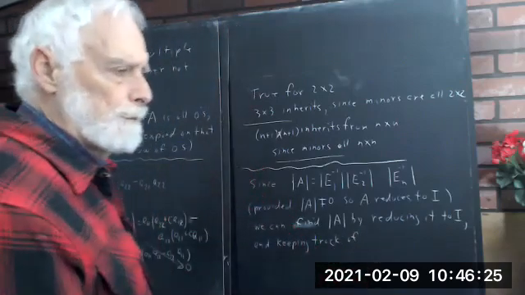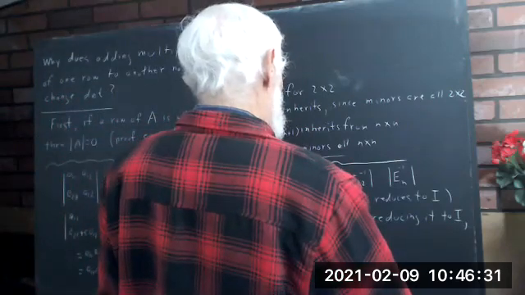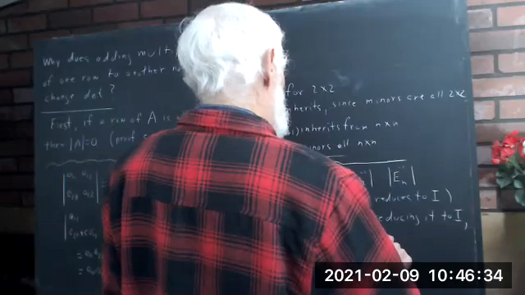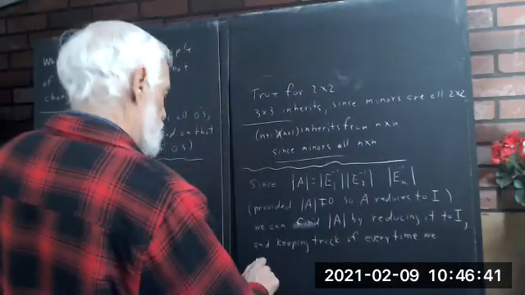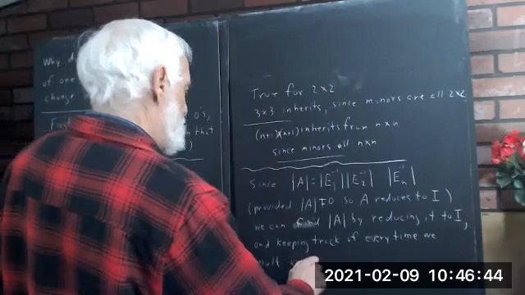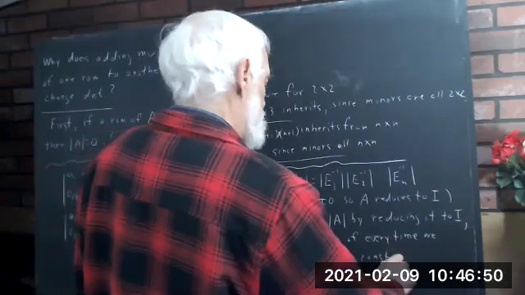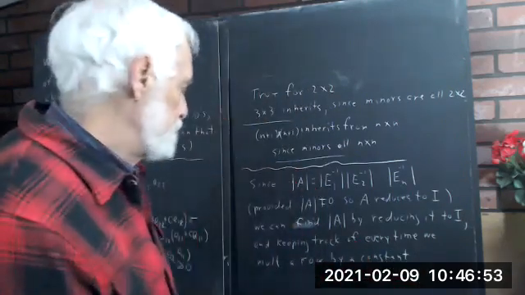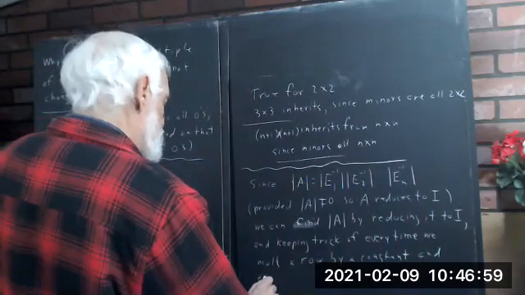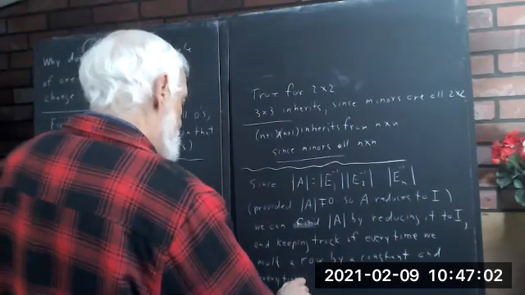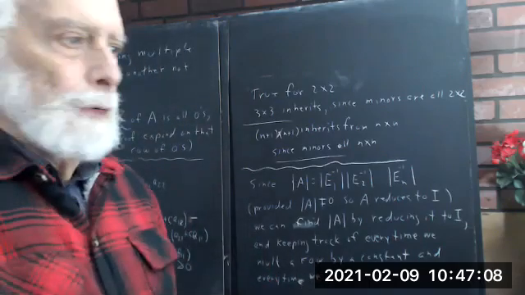Keeping track of every time we multiply a row by a constant, and every time we switch 2 rows.